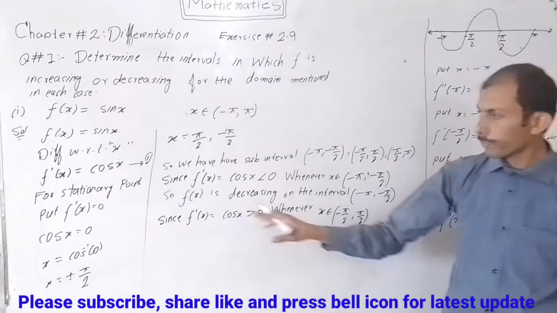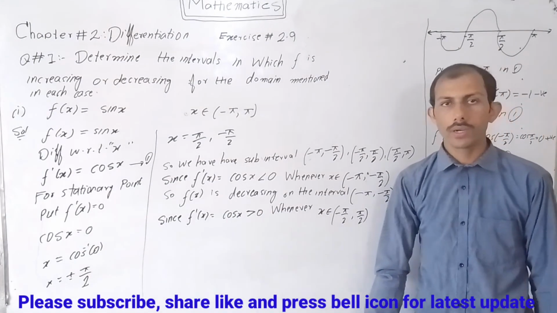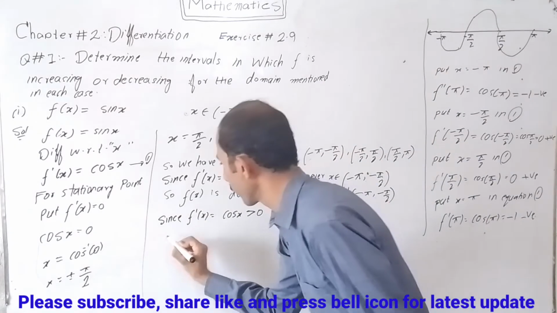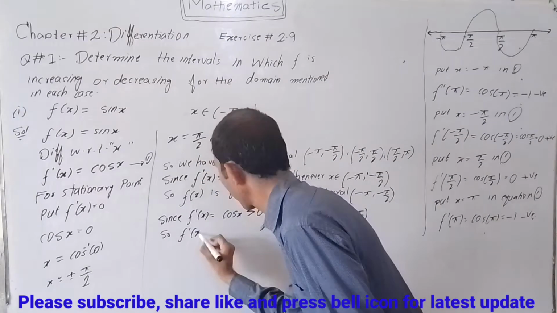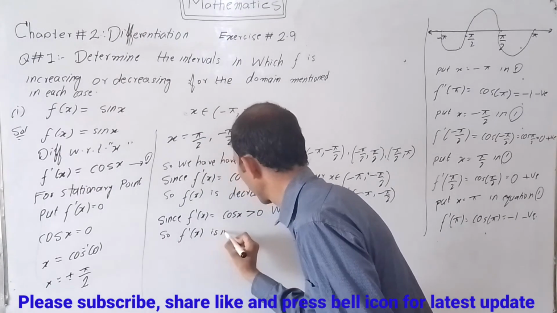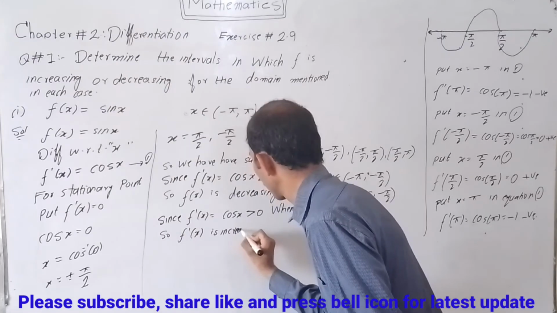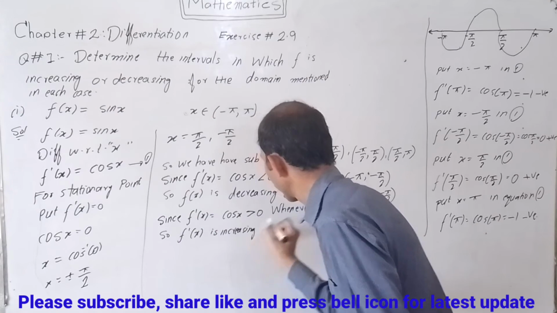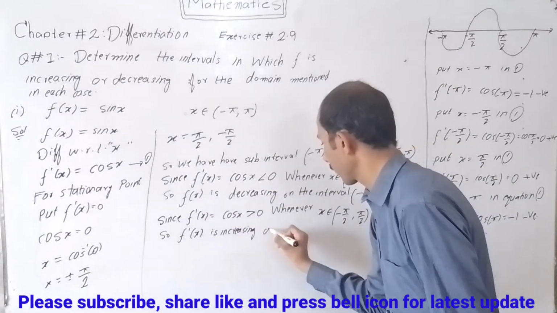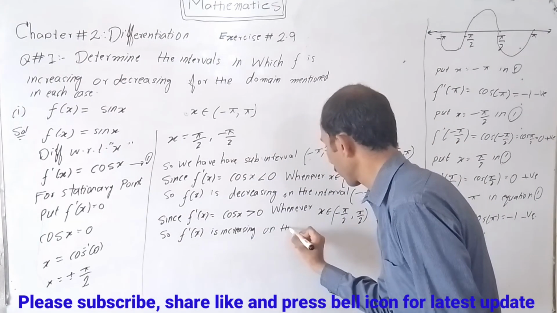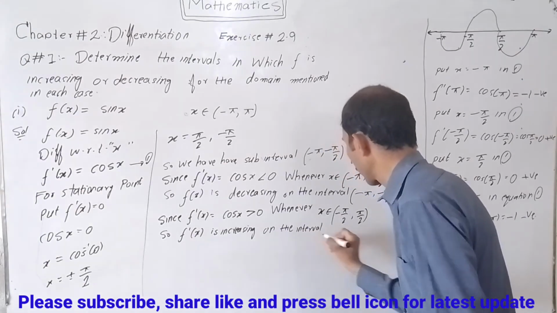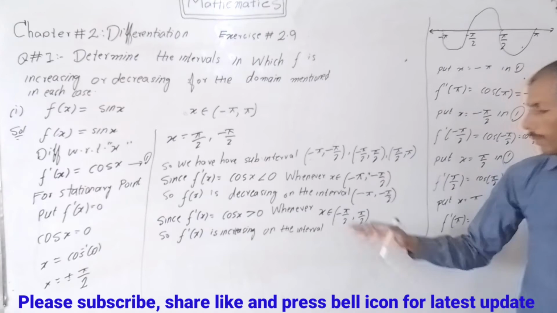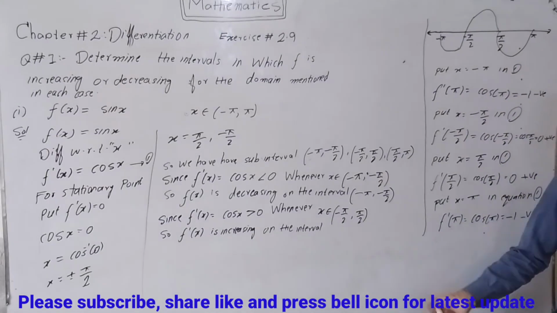So f of x is increasing on the interval minus pi over 2 to plus pi over 2.